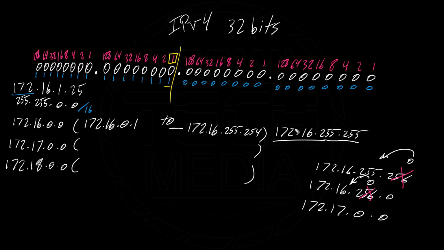If we add one IP address, it will be 172.16.255.255 here. So the last available IP address is always 1 less than the broadcast, and the first available IP address is just 1 after the network, adding 1 IP address to the network address. So 172.16.0.0, adding 1 IP address would be 172.16.0.1.